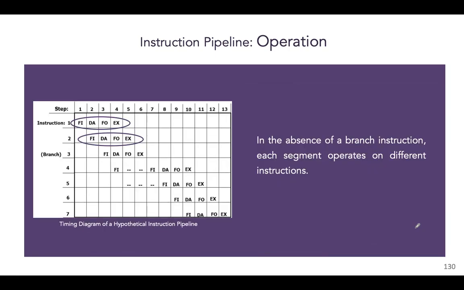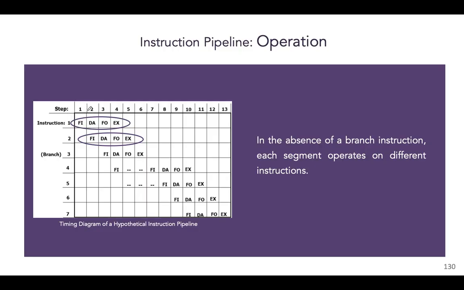Alright, as long as there are no branch instructions, each segment operates on different instructions. Let's take instruction 1. These steps essentially count the clock pulses. When the first clock pulse occurs, the first instruction in line is fetched.